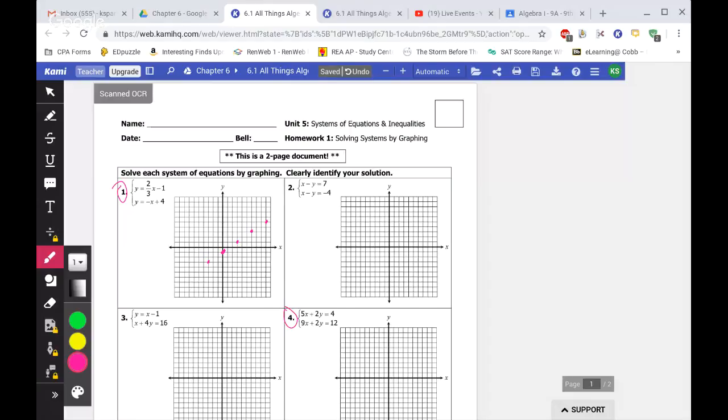Down 2. And then we'll connect our dots.